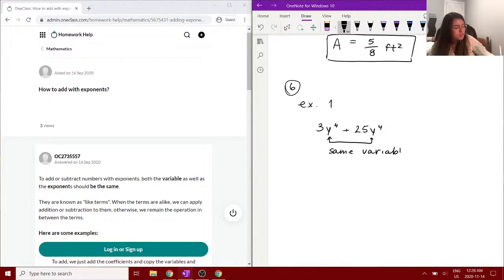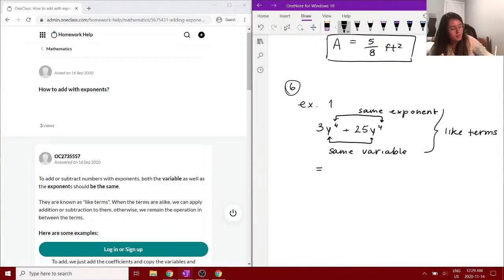And we see that both variables have the same exponent. That just means the same value for the exponent, okay? So since we have the same exponent and the same variable, we can say that they are like terms.